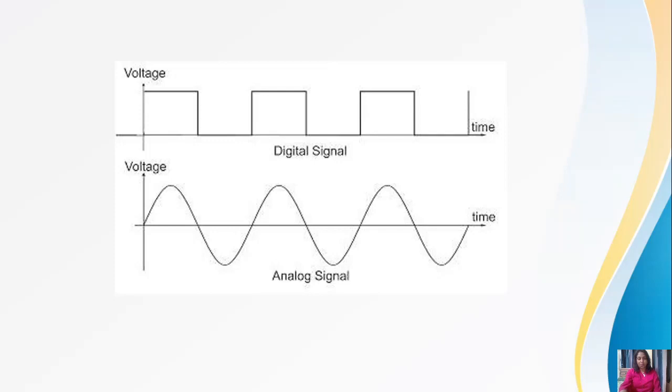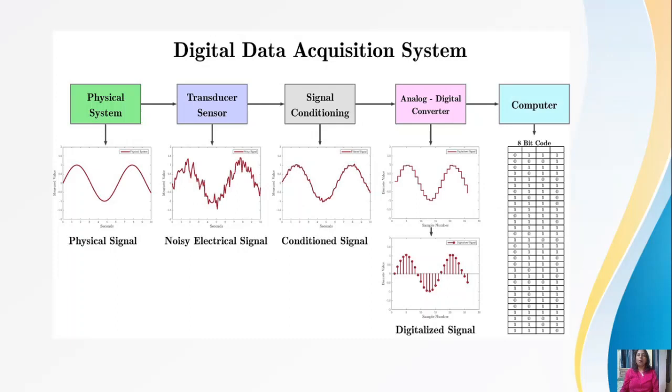Phase is also one of the important parameters, which represents the angle with respect to time. All the signals around in nature are in analog form.